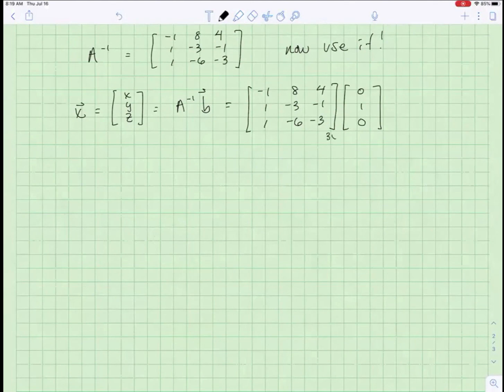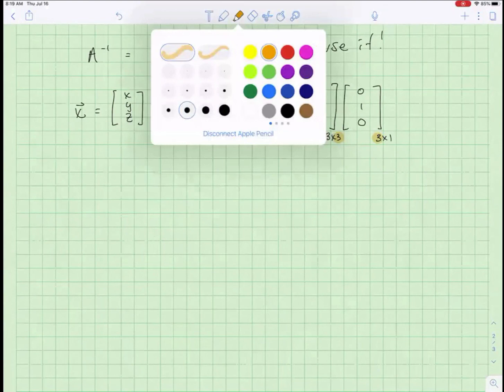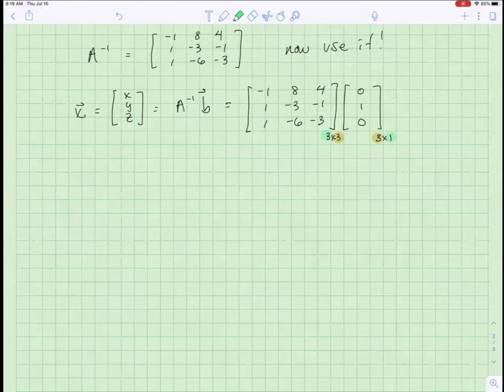This is a 3 by 3 times a 3 by 1. So these inner dimensions match up. So since these are the same, the product is defined. The result, though, is going to be those outer dimensions.